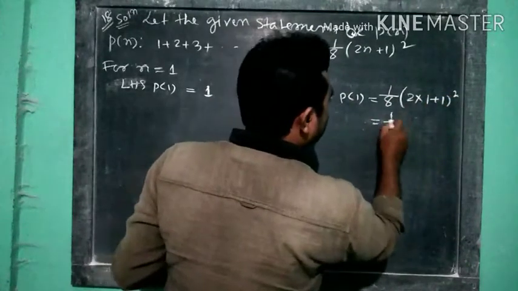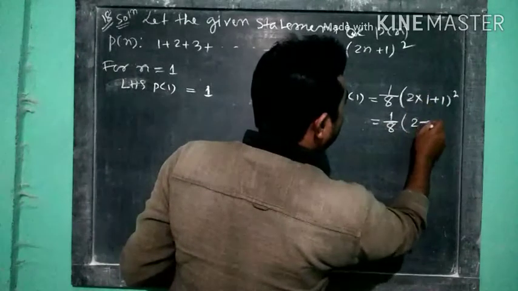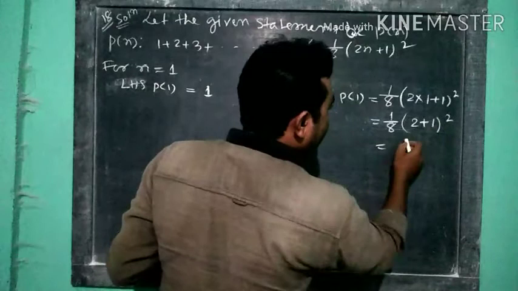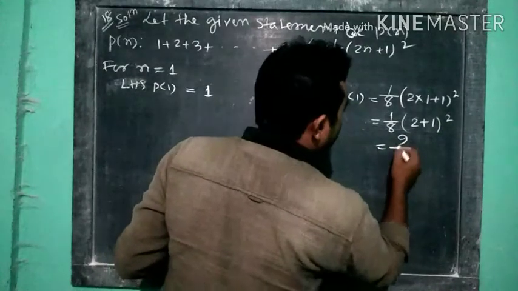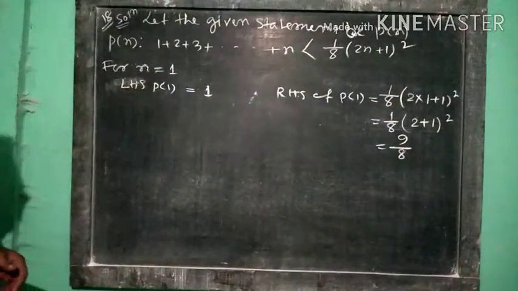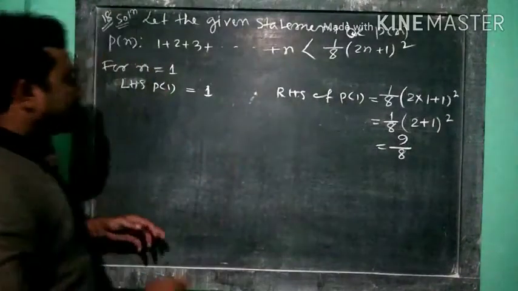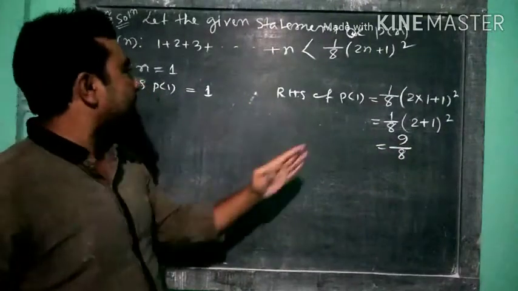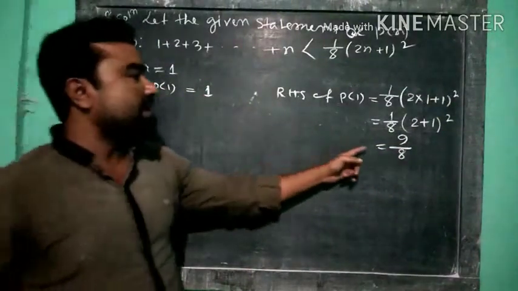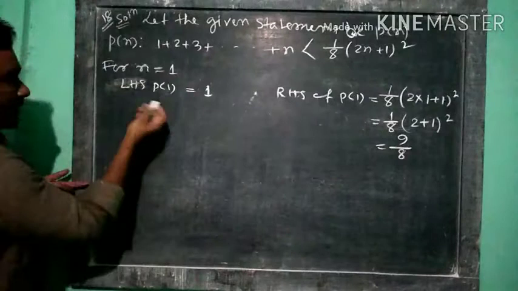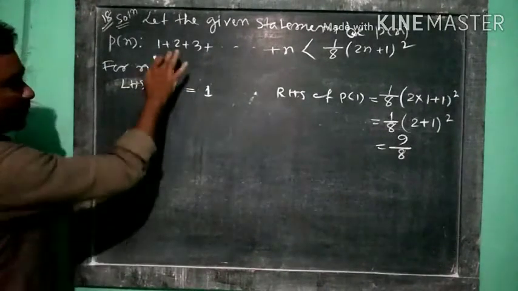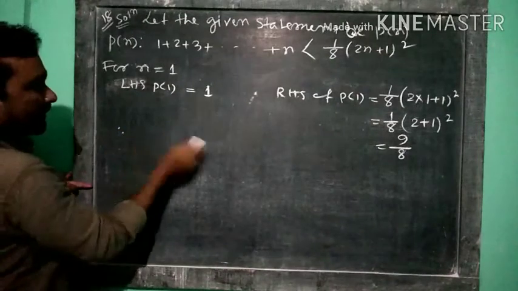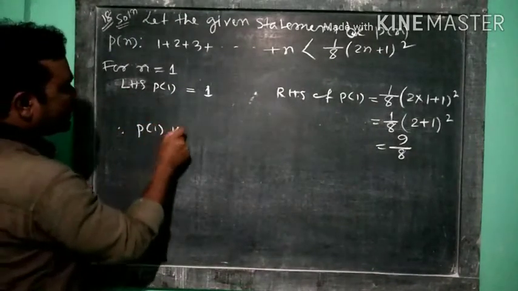So this is equal to 1 by 8 into 2 plus 1 whole square, which is 3 square, that means 9 by 8. From left hand side and right hand side, it is clear that 1 is less than 9 by 8. Therefore p of 1 is true.